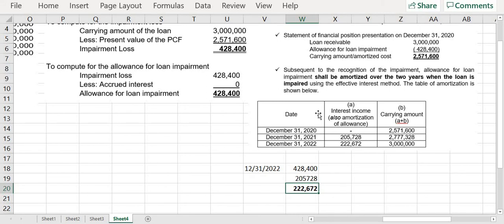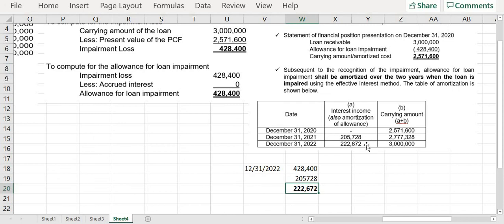Okay? Kasi nga, during these periods lang, walang interest payment. Kaya these periods lang din dapat i-amortize. See? Allowance for loan impairment. So, after 2022, syempre, zero na, no? Zero na yung magiging balance ng allowance for loan impairment. Ayan.